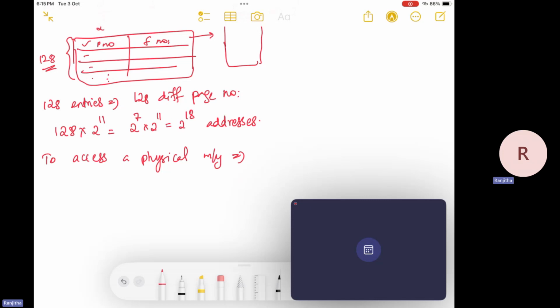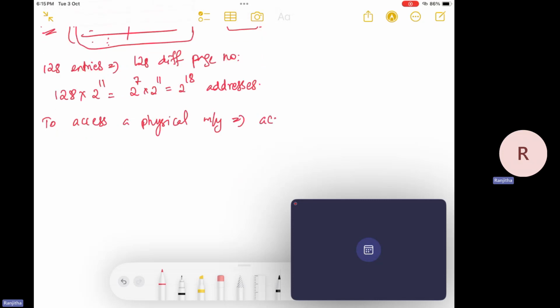when we have a TLB, we first access the TLB, then access physical memory. Okay, so this TLB access can be a hit or a miss.